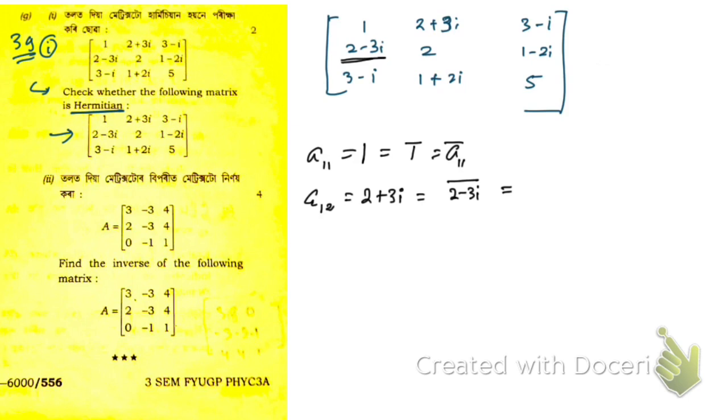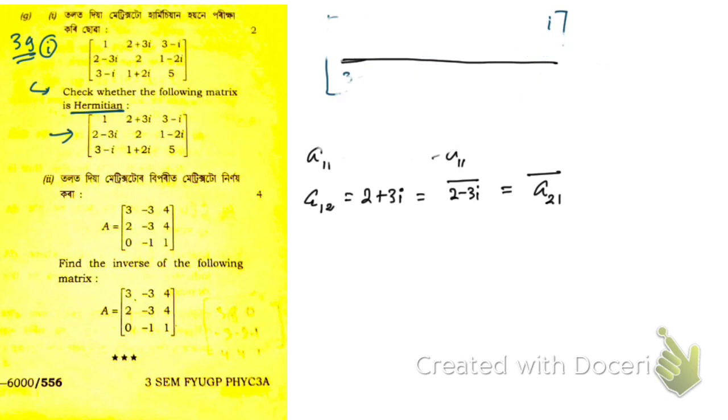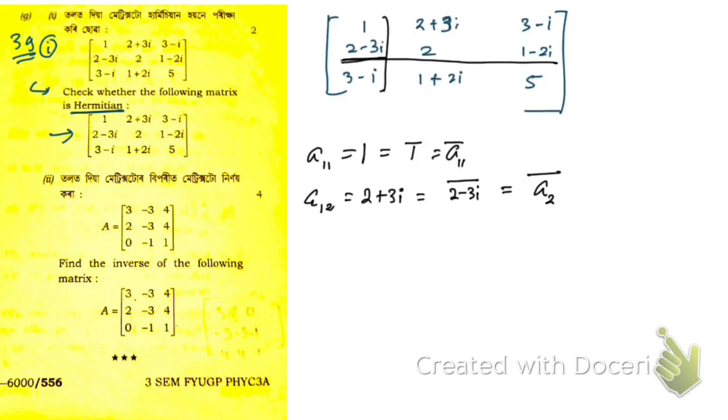The element 2 minus 3i is in the second row, first column, so that is a21.